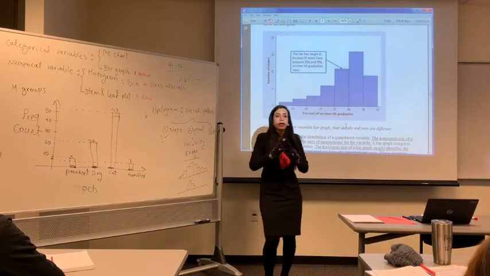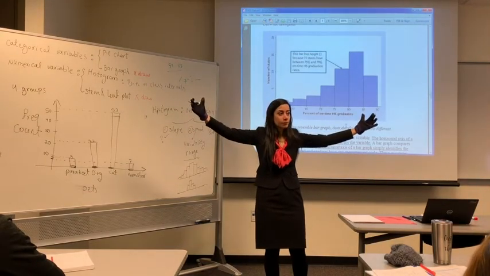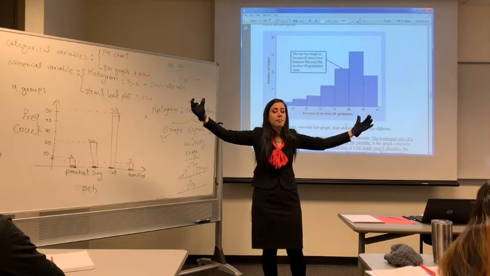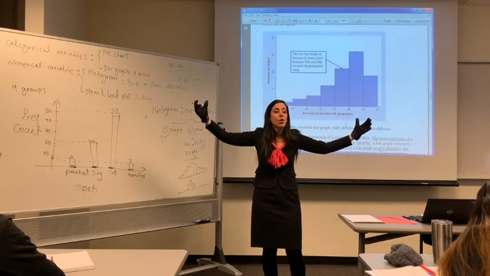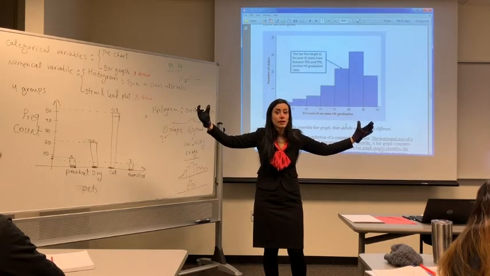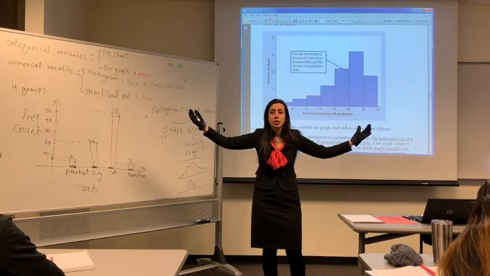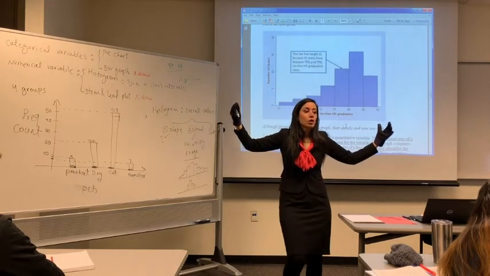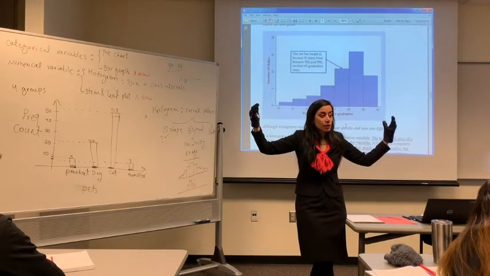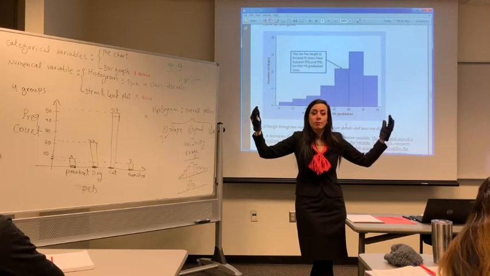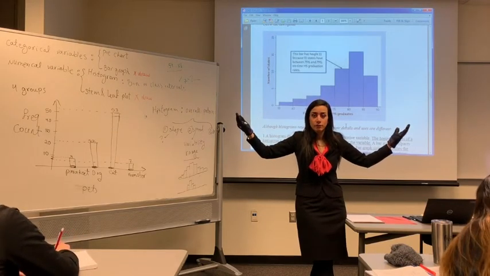So when a histogram is wider, it means we have more variability. So write this down. A wider histogram means more variability.